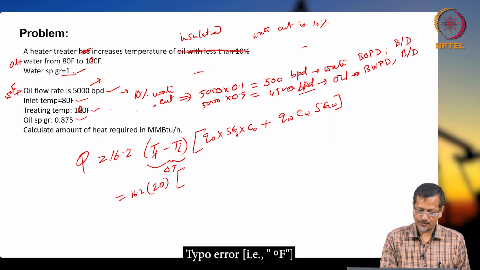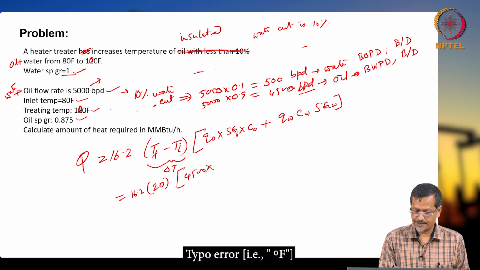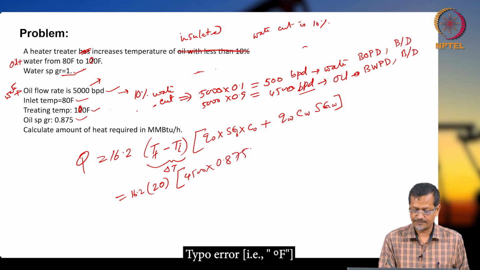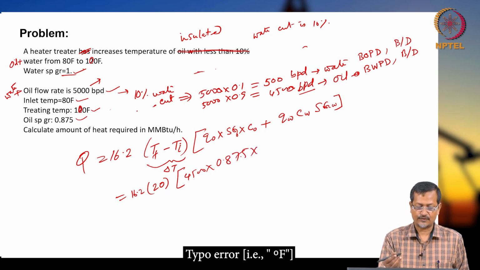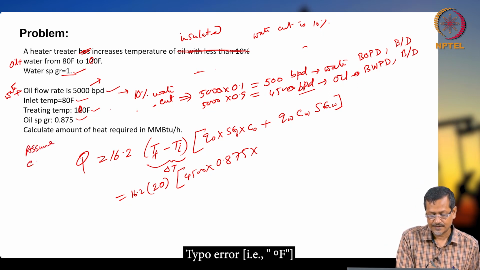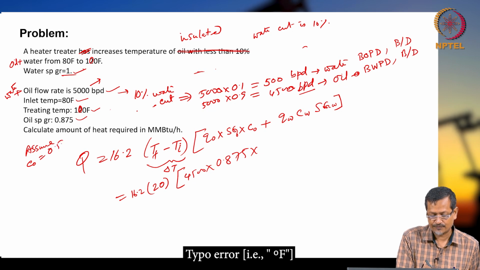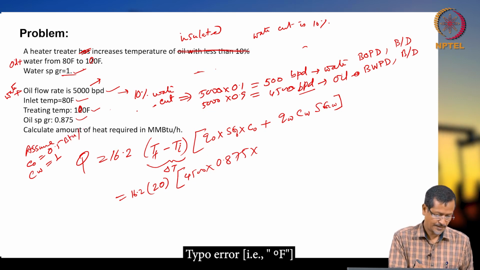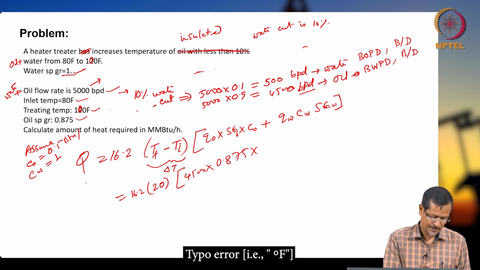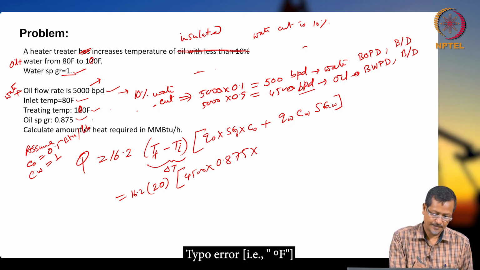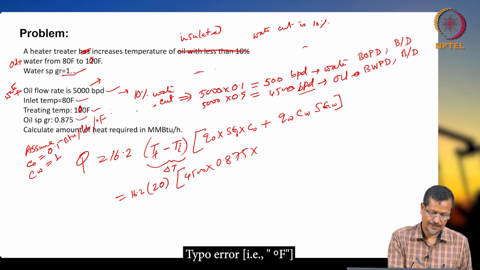And Q_O is given 4500 into SGO given 0.875. The C value is not given, so assume C oil equals 0.5, C water equals 1. Again, you have to check the units, BTU per LB per degree Fahrenheit.